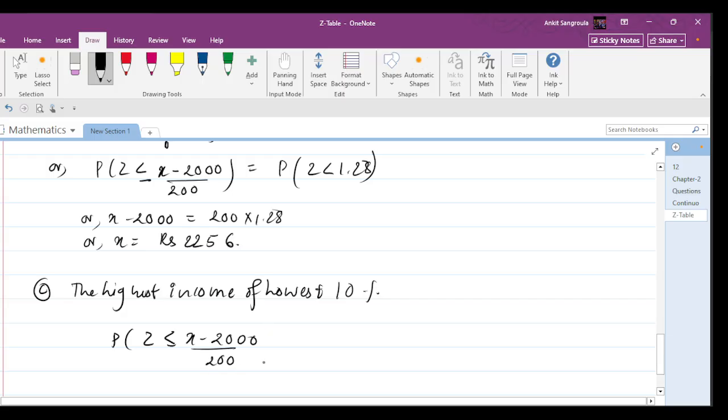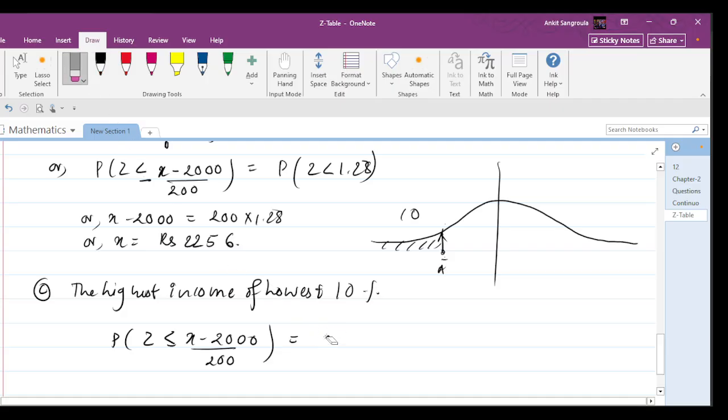This is just routine now. And for the lowest 10%, if you draw the Z table, you can see that this is the lowest 10%. This is the income. If I find the value of this point, then this will be 0.1, so this will directly be P(Z is less than 0.1).